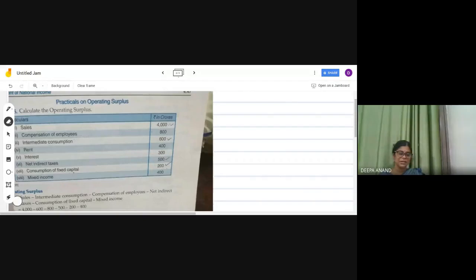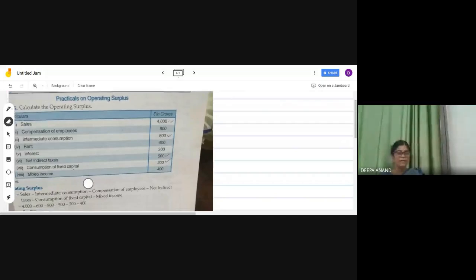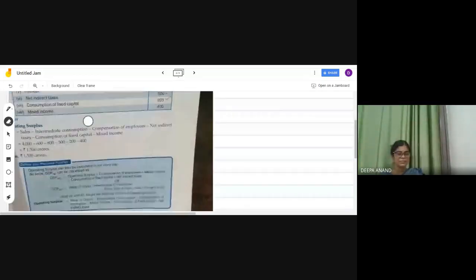Write operating surplus is sales minus, sometimes it will be given as output, sales minus intermediate consumption, minus compensation of employees, minus NIT, minus consumption of fixed capital, minus mixed income. Now you substitute the values. Substitute the values, you will get the answer.